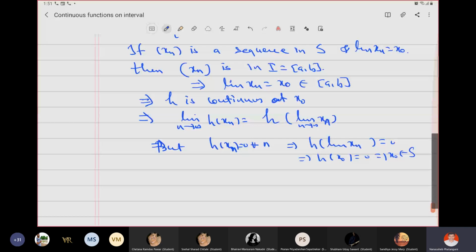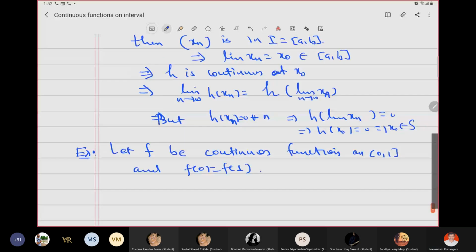So value of function at 0 and 1 is same. So prove that there exists C in 0 1, there exists C in 0 to half basically, such that f of C is same as f of C plus half.